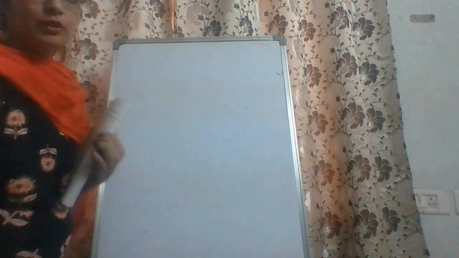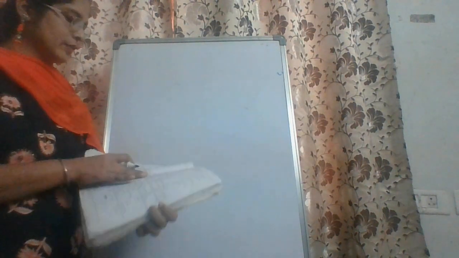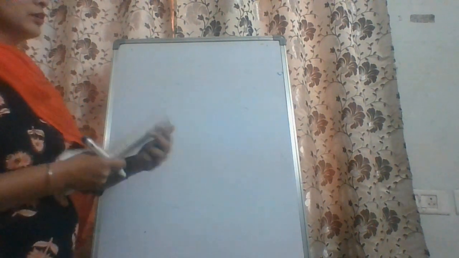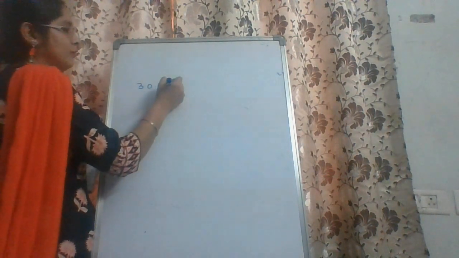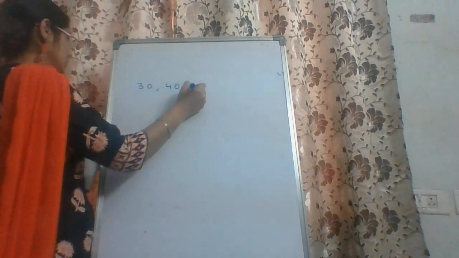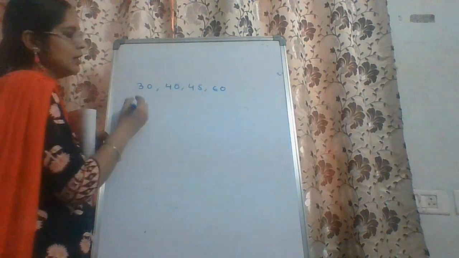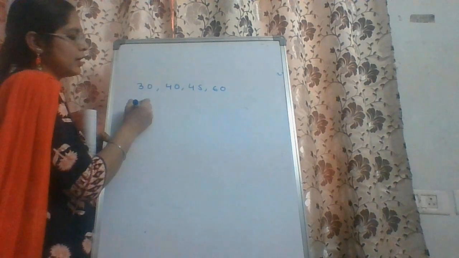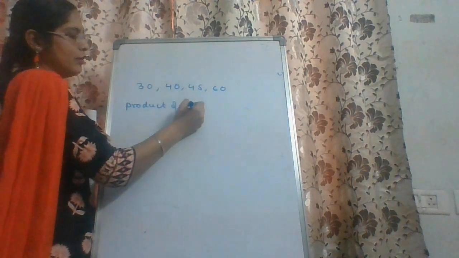Now let us come to the questions related to this. Show that 30, 40, 45, 60 are in proportion. Let us find the product of extremes and product of means.